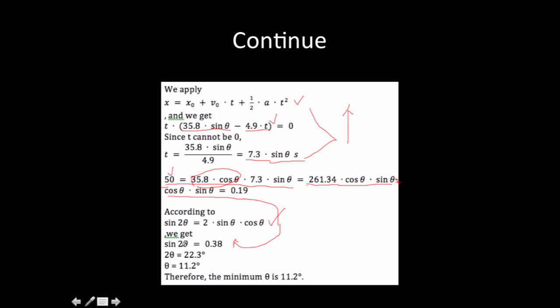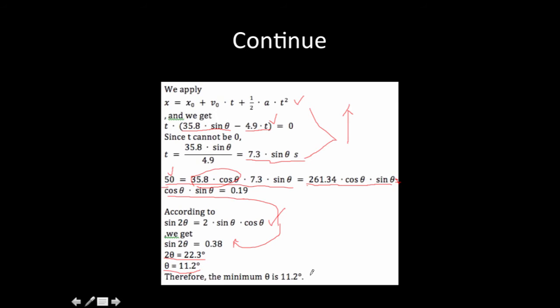So sine of 2 times theta equals 0.38. And then we use our calculator. So we get 2 theta equals 22.3, and theta we got 11.2. So this is the real ideal angle we need, 11.2.